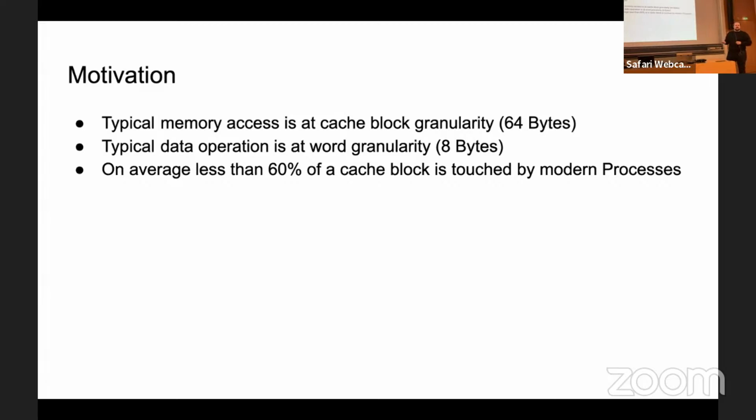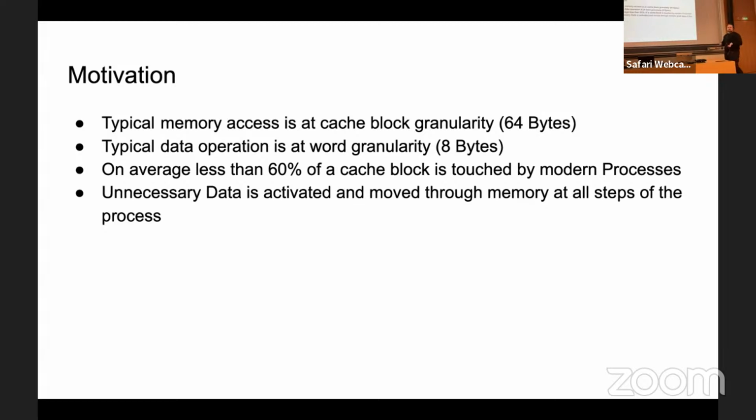And on average, less than 60% of a cache block is actually touched by a modern process. So the extreme case would be, we have 8 bytes, 64 bytes, only an eighth is touched. That's not how it actually works in practice most of the time, because there is some locality, but less than 60%.